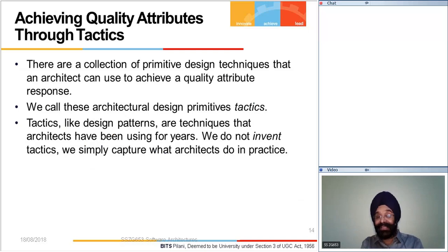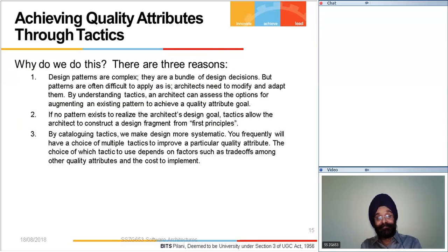Now, this is a very important component, and again, something which I'm not going to take up with you in the class: tactics. To achieve the correct response, we use tactics. Now, let's understand what a tactic is for those who may not be initiated into the world of tactics.